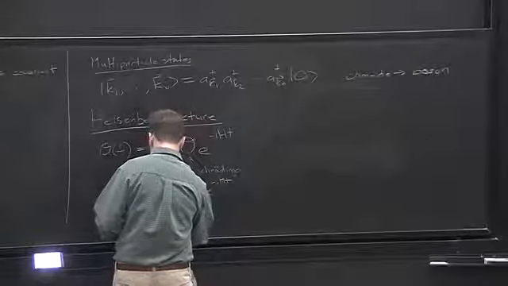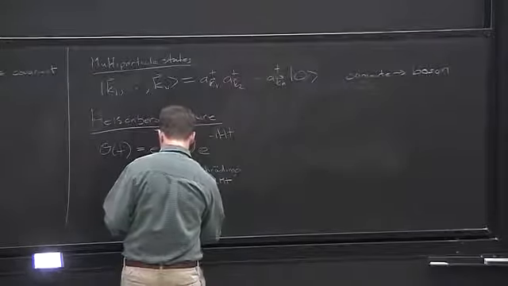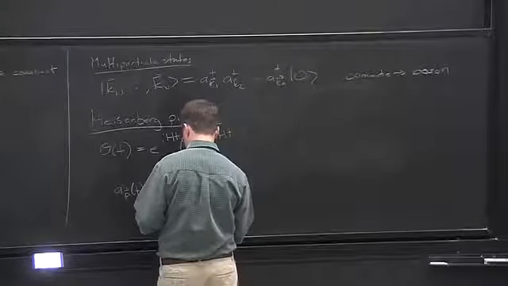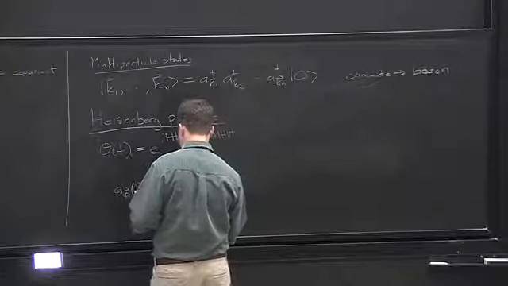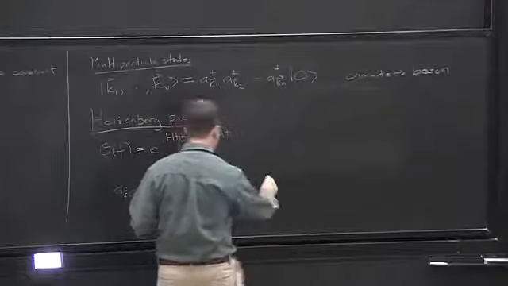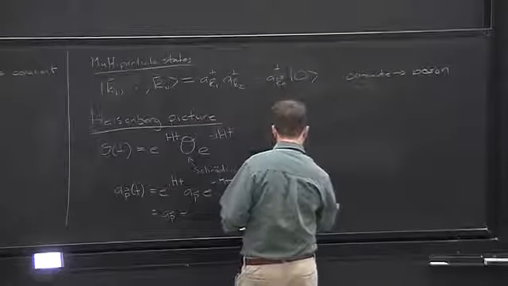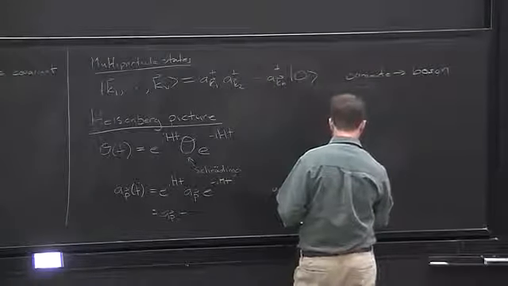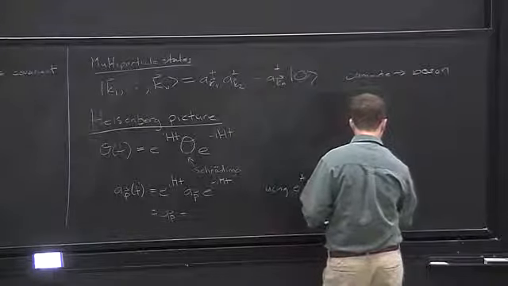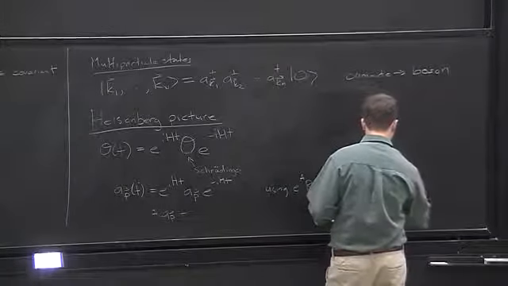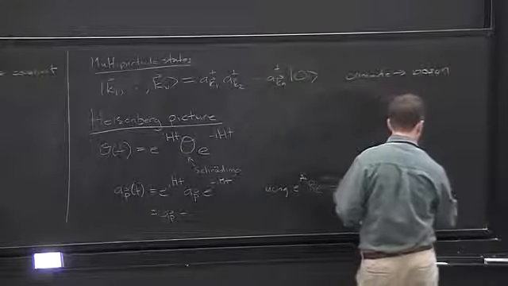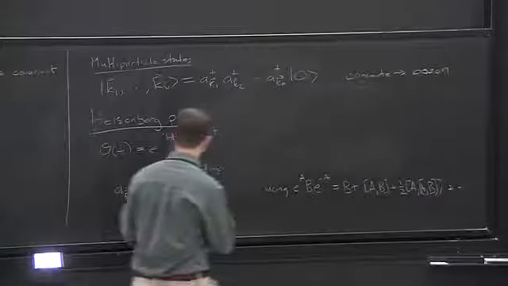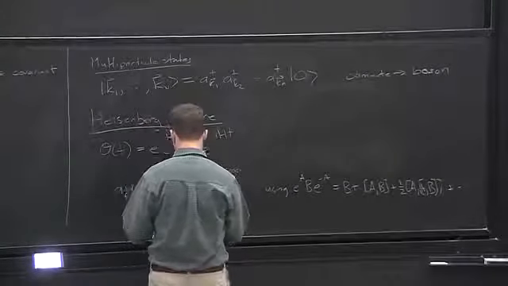That's a_p plus, using e to the A, B, e to the minus A is B plus [A, B], plus one half [A, [A, B]], etc. The BCH formula.